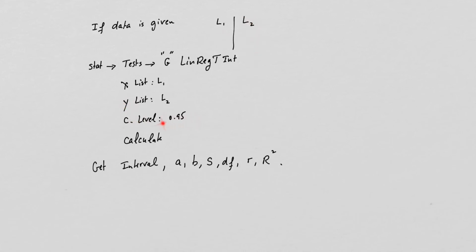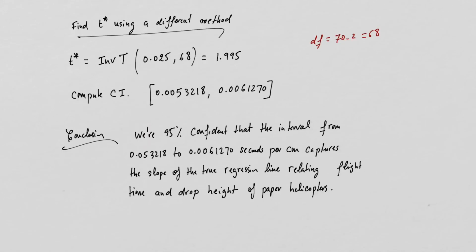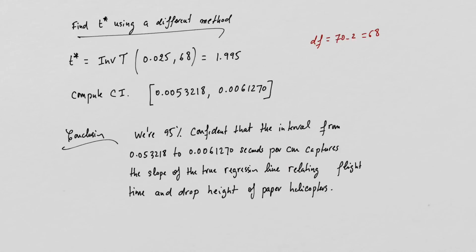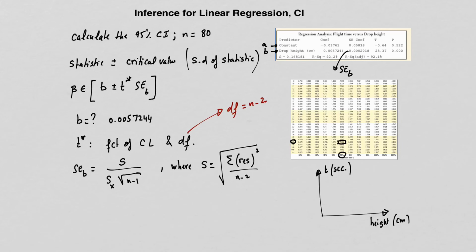And you pick your confidence level, and you click on calculate. And not only that you get the interval, but you also get A and B and S and degrees of freedom, and even R and R squared for free, okay? So that's how you would find your confidence interval and draw the conclusion in the context of the problem.